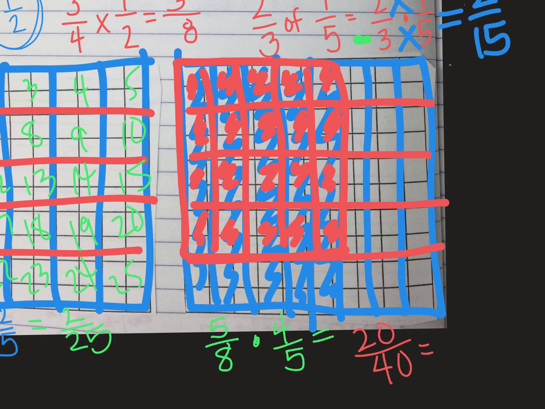And if I simplified, I would get 2/4 or 1/2. So if you can see, if I had moved these 4, 1, 2, 3, 4, down here, it would have covered half of the whole thing.